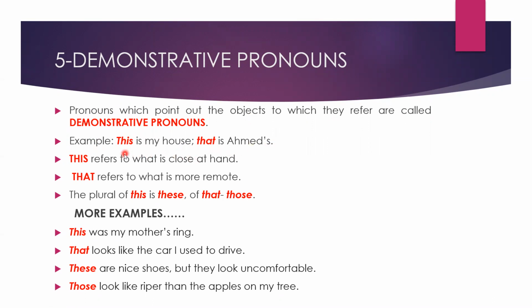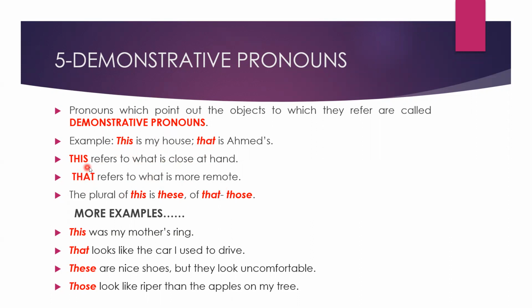You can see over here, dear students, this is written in red color, and that is also written in red color. Both this and that are demonstrative pronouns. This refers to what is close at hand, and that refers to what is more remote.